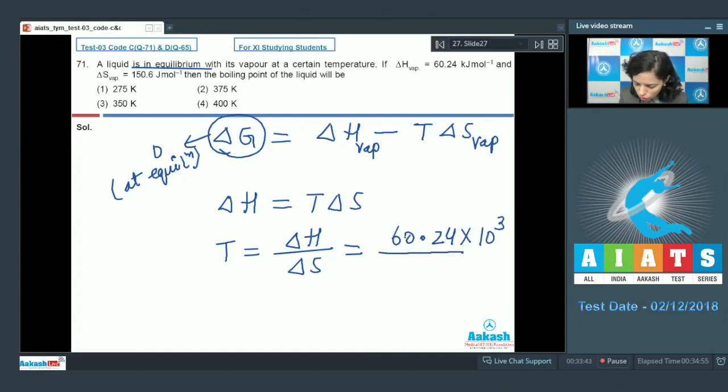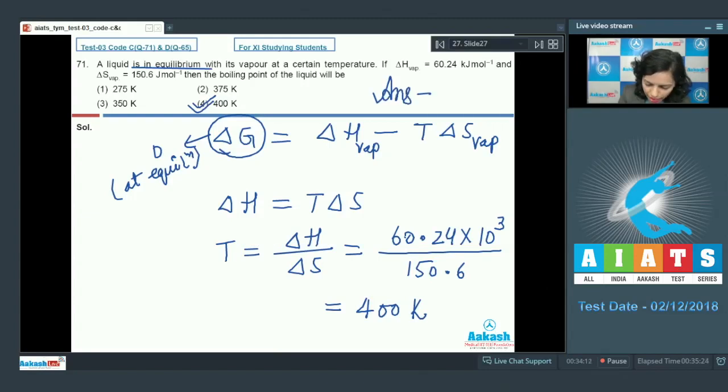Further it's divided by delta S value, and that's also given, 150.6 joule per mole. And if you solve this, you will find out that this is equal to 400 Kelvin. It means this is the temperature at which these two states coexist, and that is the boiling point of that liquid also. Option 4 is the correct answer that you can choose here.